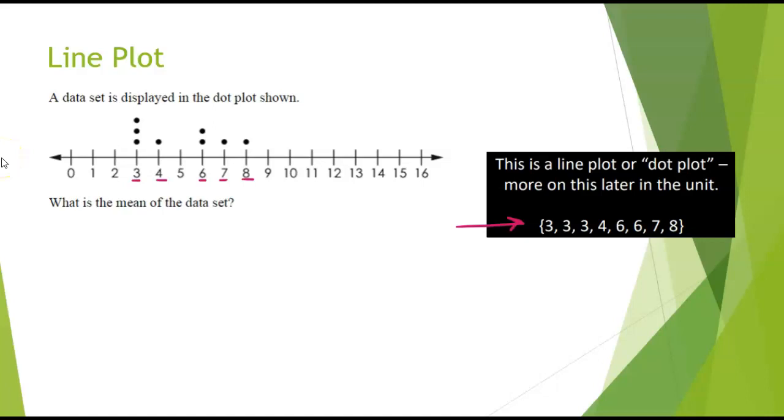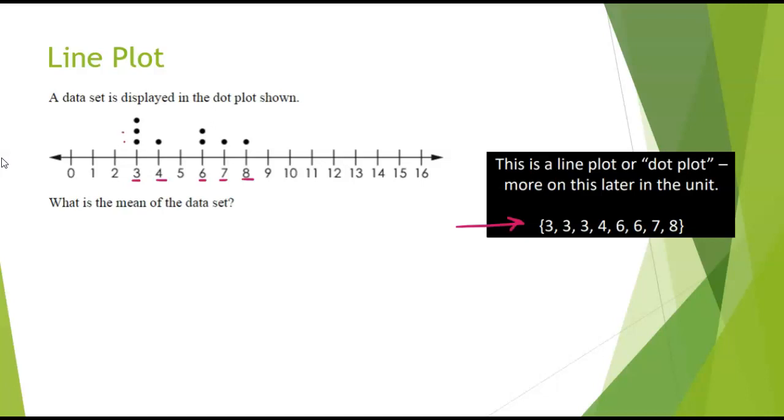every time you see a line plot, it's just like a number line, numbered from 1 to whatever you want to make your line plot as. Then the data, here's our data over here. Wherever we see a 3, we're going to put a dot. So there's the first dot right there.